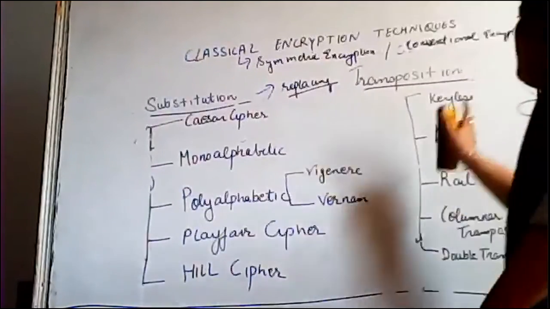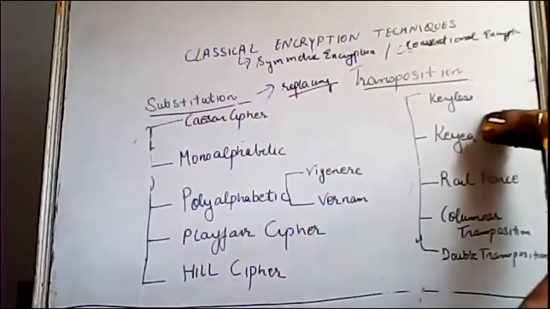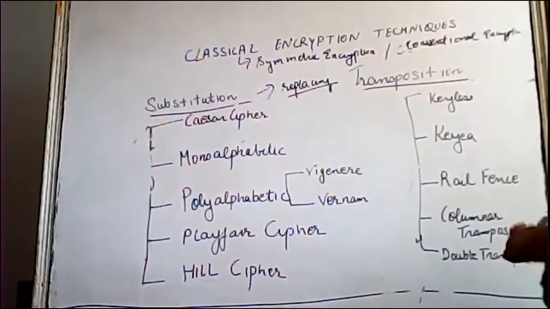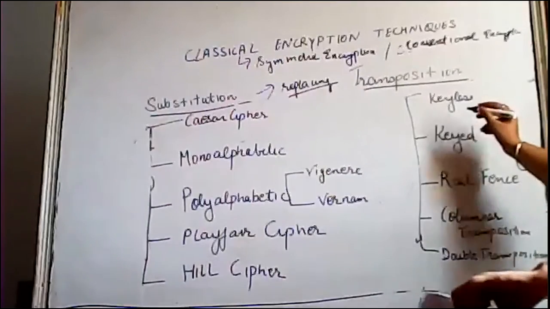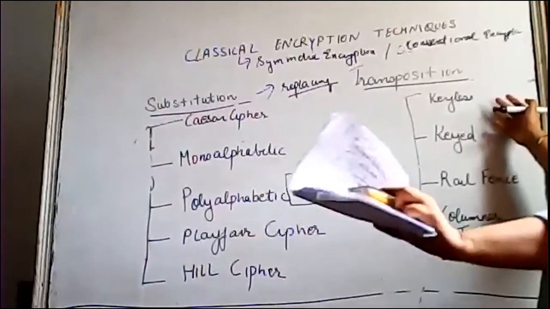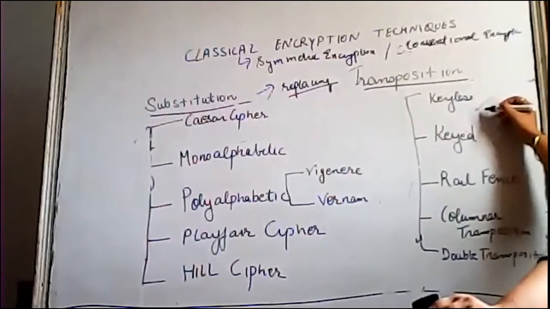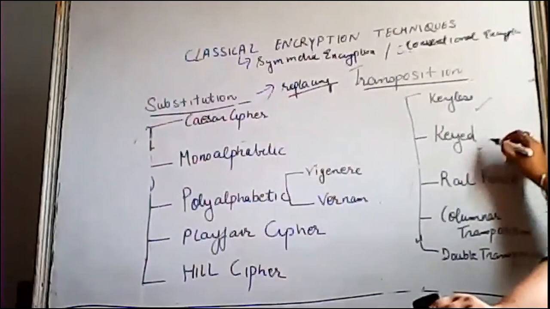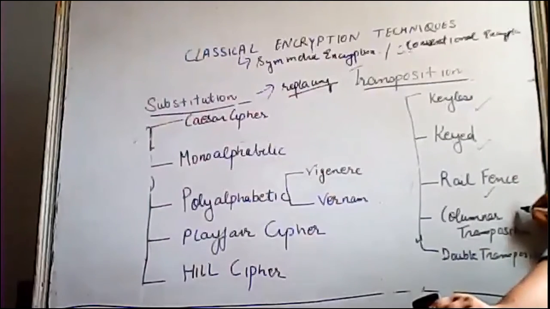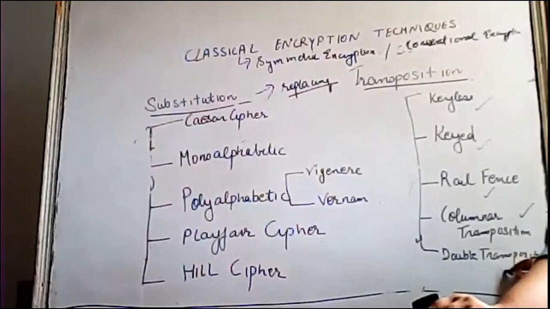Similarly, for the transposition techniques, we have keyless transposition and keyed transposition. There could be some techniques in which we do not possess any particular type of key, which is known as keyless, and there is a keyed one. Rail fence is there, columnar transposition is there, and double transposition is there.